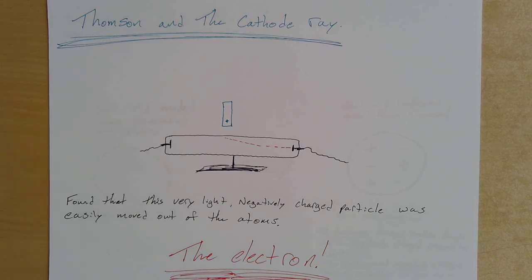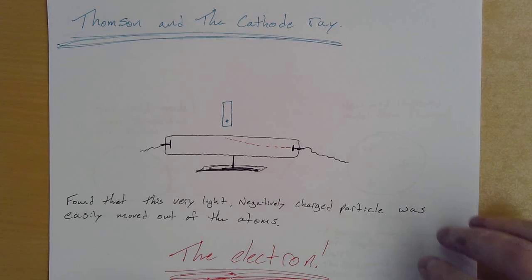He found that it moved very easily. After doing some math and geometry, he figures out that this thing is really light. In fact, he finds out that it's 1/2000th of a hydrogen atom, which at that time was the smallest known particle. So he found something even smaller, something negatively charged, that was inside the atoms that he called the electron.